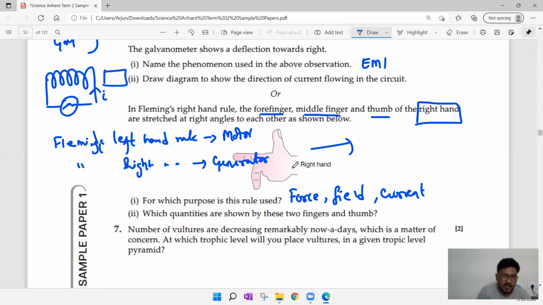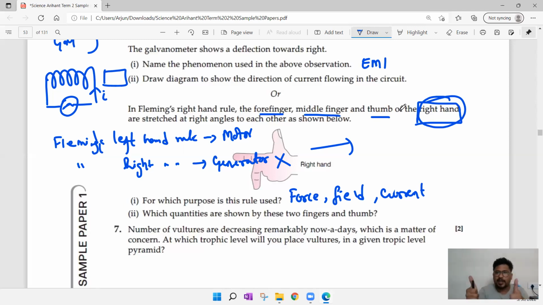Now this topic is deleted anyhow, so don't get confused. You may say, my teacher only told about Fleming's left hand rule, he or she did not teach about the right hand rule, and said that this year this topic got deleted, but they have asked the question, what to do. Don't worry, left hand rule and right hand rule, both are the same. In both, the thumb indicates the direction of force.